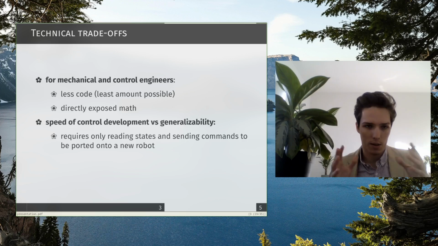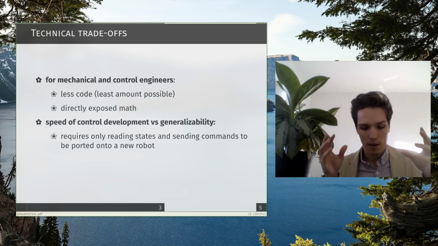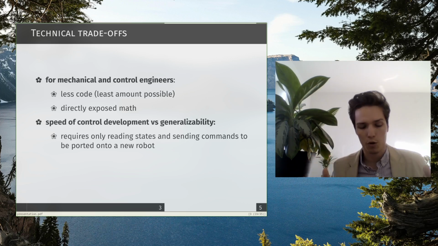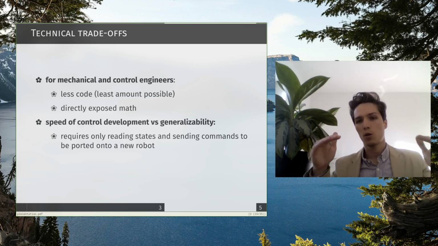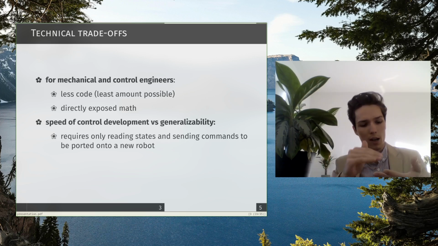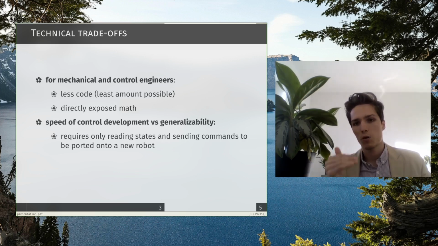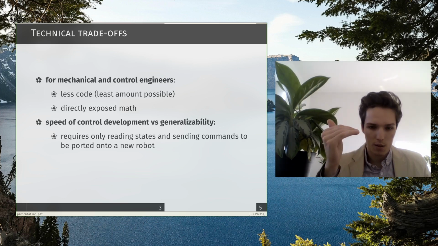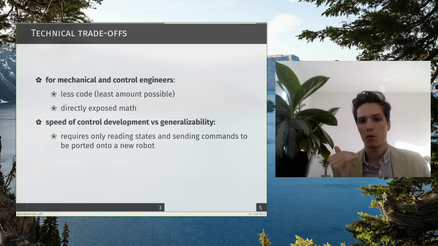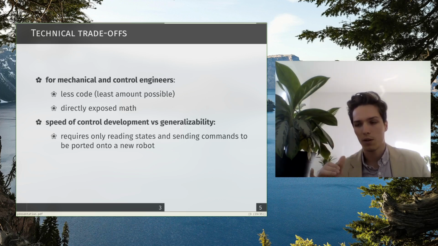So how does this work for transferability then? Well, you have this message passing capacity to read states and issue commands, and in the get queue function, for example, get the joint positions, you simply have an if statement where you select, if I'm on this robot, then this is the socket or whatever I'm using to get this vector.